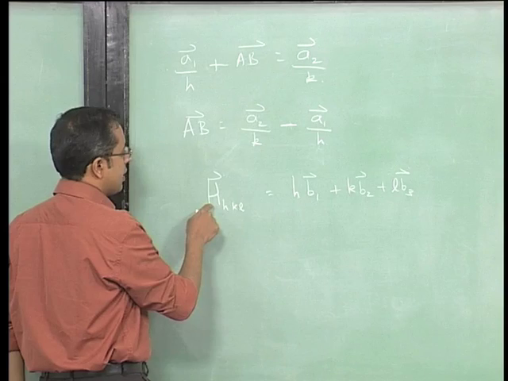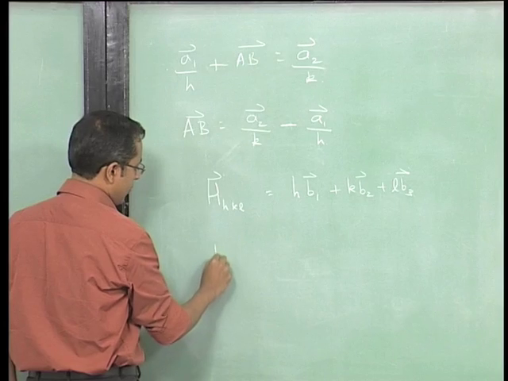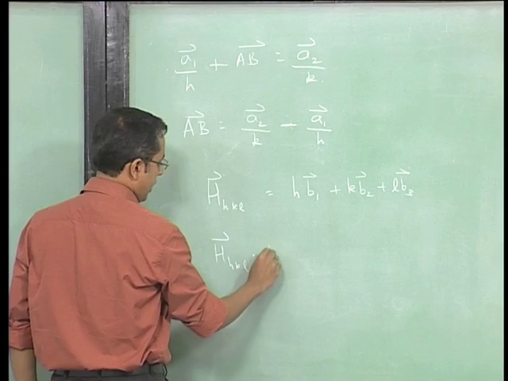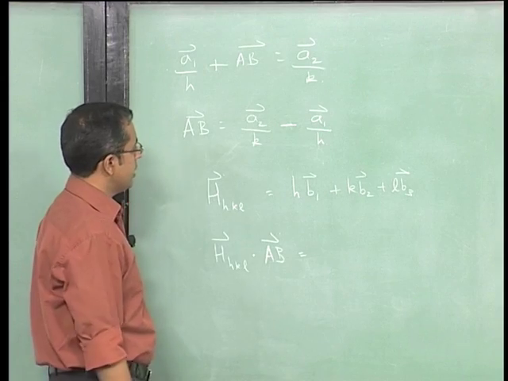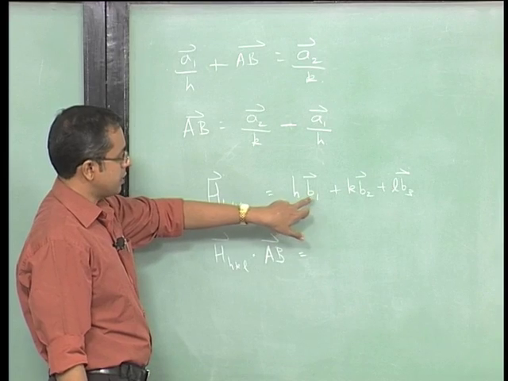So if you now take a dot product of HKL and AB, what will you get? So if you do HKL dot AB. We have B1 here, HB1.